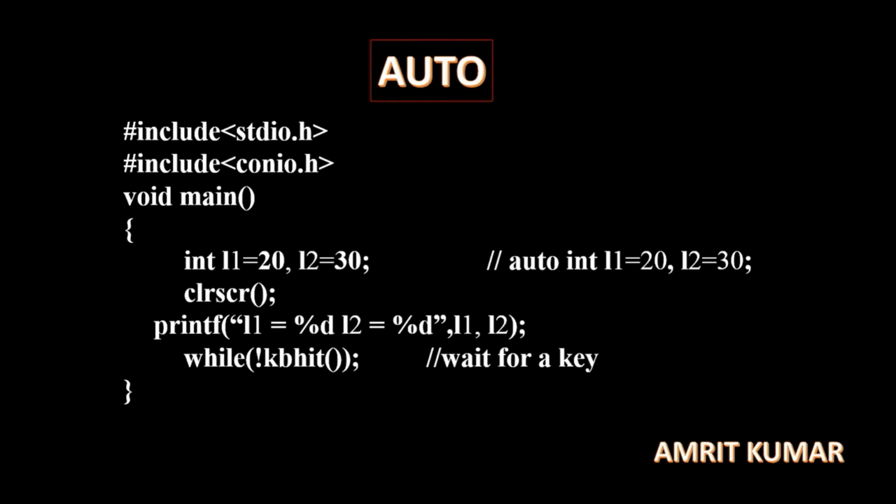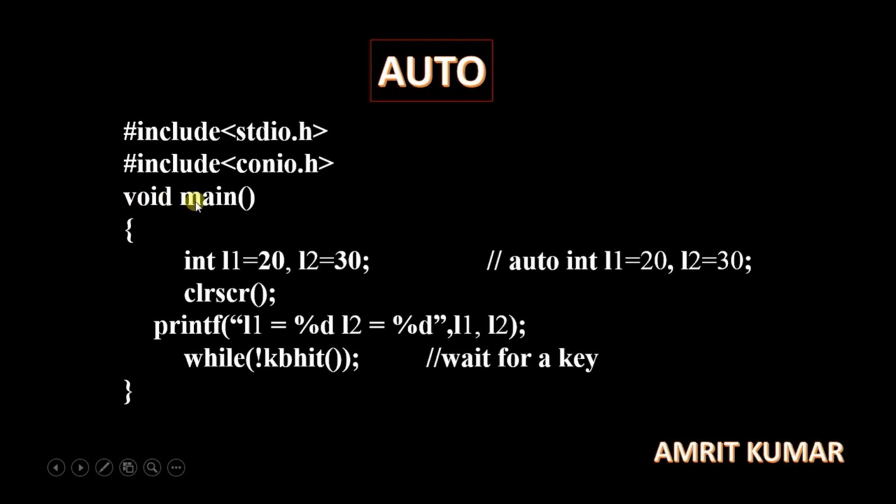So let's look at an example of it. Here we have declared the hashtag include stdio.h header file, so all the contents of the stdio.h header file have been included in this C program. Again, I have used hashtag include conio.h, the console input output header file.